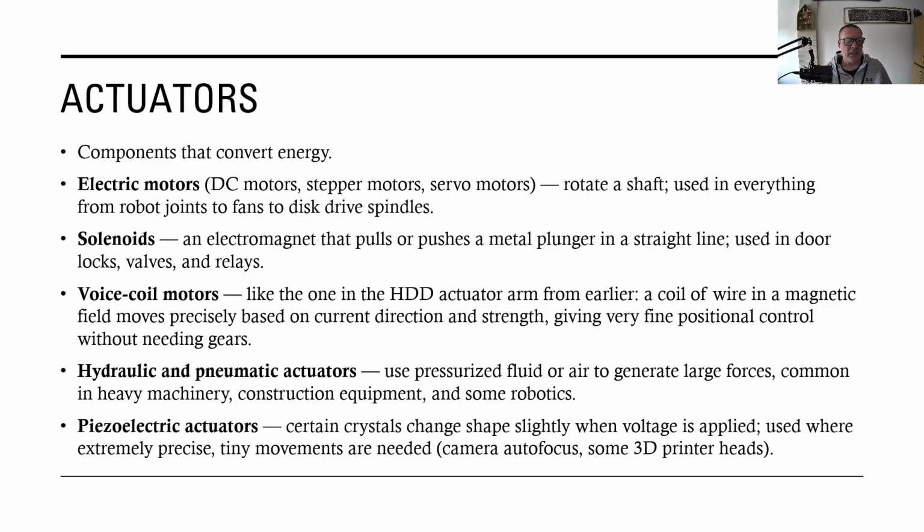Solenoids, an electromagnet that pulls or pushes a plunger in a straight line, so it can convert into straight line motion. Voice coil motors, like the one used in hard disk drives, can be used to precisely move objects.